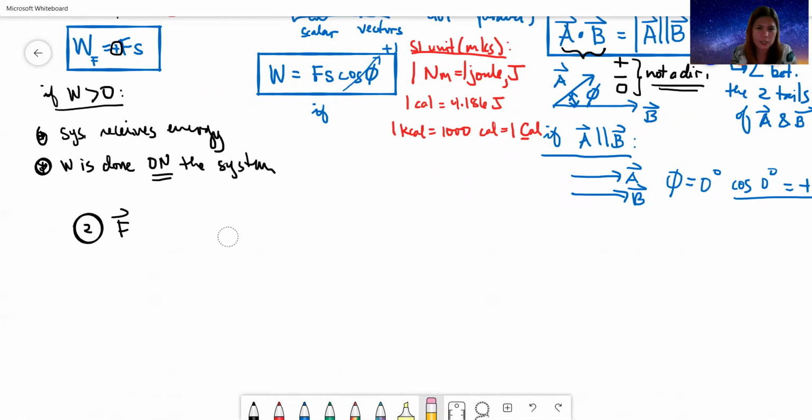Kasi sa case 1, phi is 0. The angle between them is 0. What if the force this time is, special case number 2, perpendicular to the displacement? Okay? Perpendicular to the displacement.